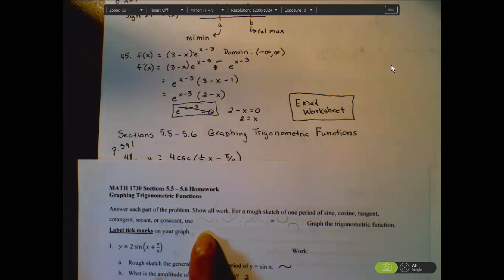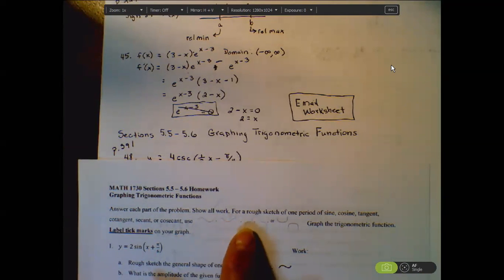Remember when you're graphing in MyMathLab, they had this shape for you to click if you were graphing one period of sine, and this shape to click if you were using one period of cosine. They didn't have tools for graphing tangent, cotangent, secant, and cosecant, but I drew an image of what cotangent kind of looks like.